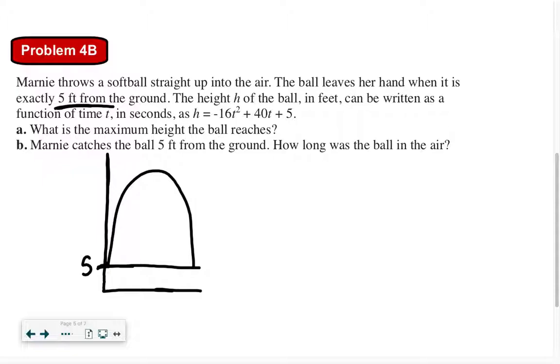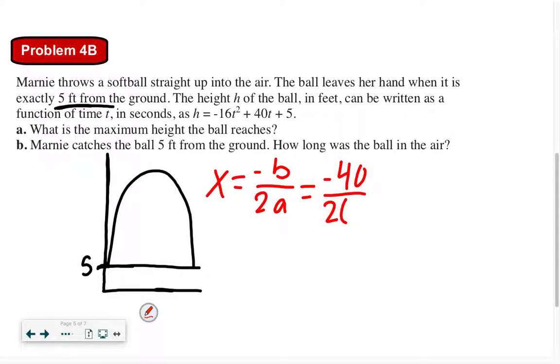What do I gotta do? Solve for t. You want to solve for t? I don't want to, but you have to solve for t. What's the first thing we always do with these quadratics? Find the vertex. We do that with our little x thing. What does x equal? Negative b over 2a. My b is 40.